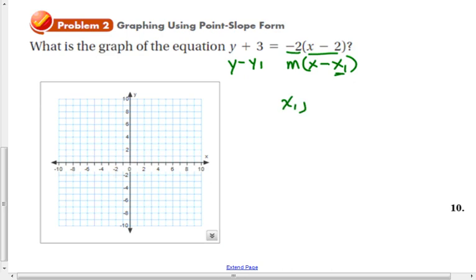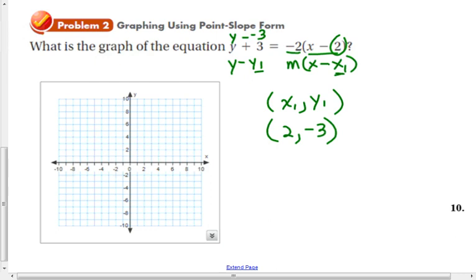This is my point, and my x sub 1 is right here. The 2 is the number I'm subtracting. Whatever I'm subtracting from y is my y sub 1. Right now it's written as addition, so to get it to be subtraction, I'm going to change it to subtracting negative, so I can see that I'm subtracting negative 3 there.